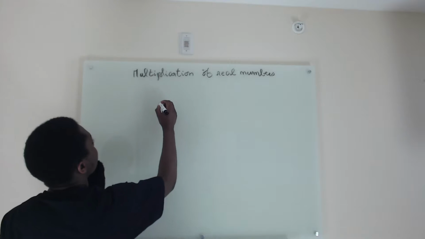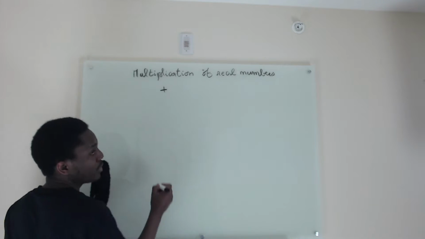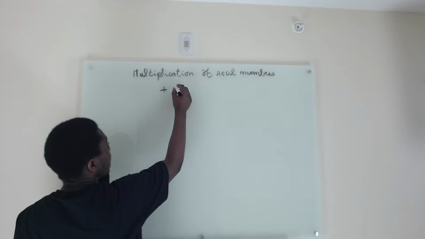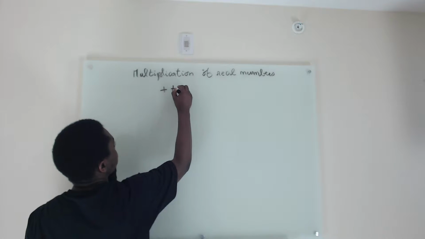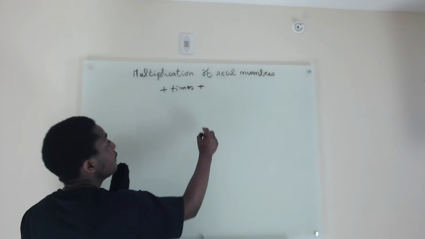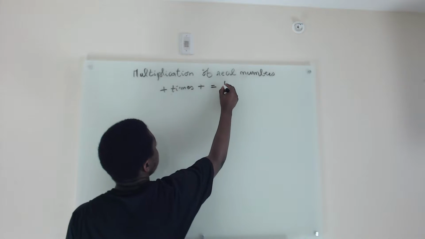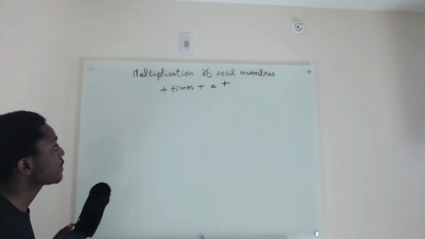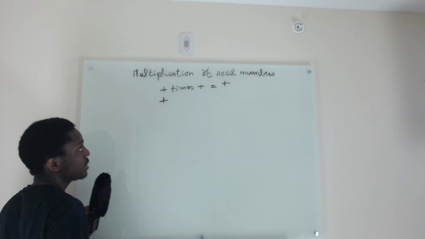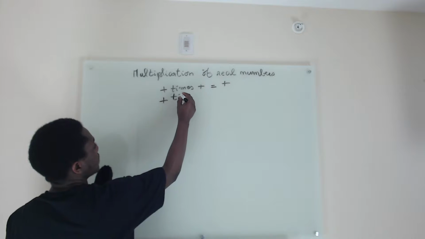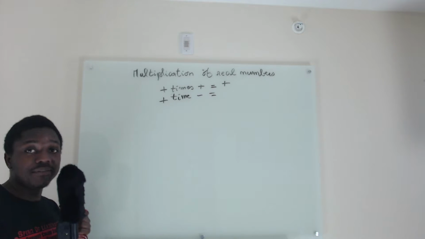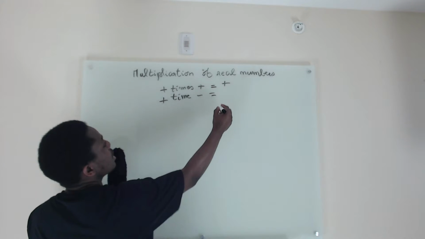So when you have a positive number, when you have a plus sign times another plus sign, the answer is always a positive sign. When you have a positive sign times a negative sign, the answer is always going to be negative.